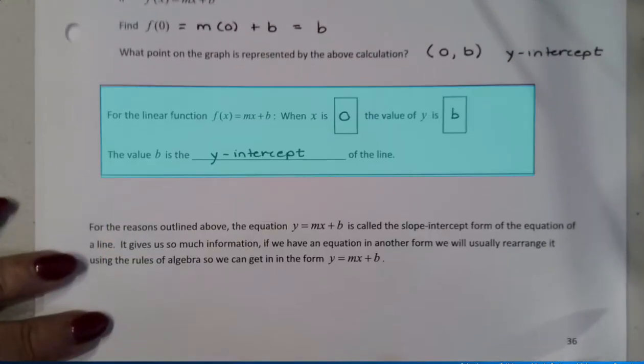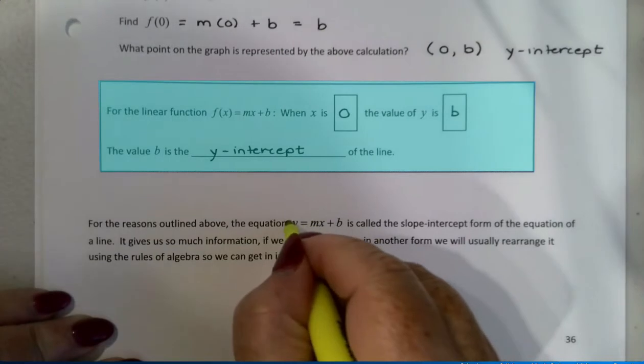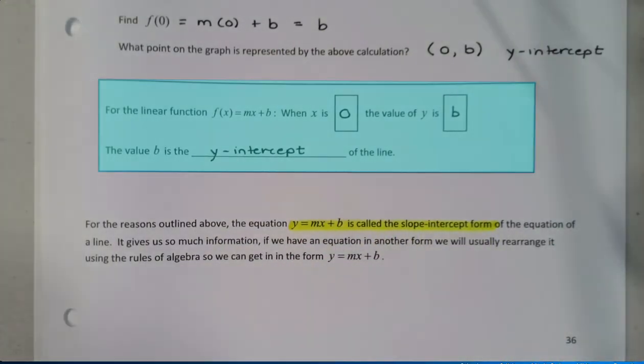Because of that, this form of the equation, y equals mx plus b, is usually called the slope-intercept form of the equation of the line. And it gives us so much great information that if we get an equation in a different form, we'll typically rearrange it to that form so that we can use all of this information that we've just developed.